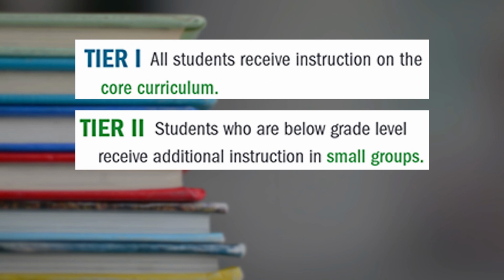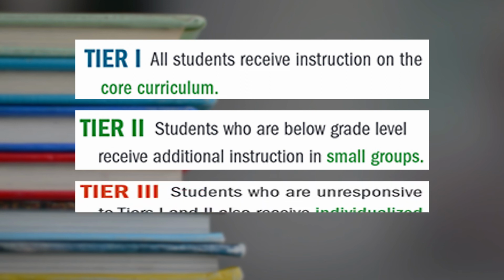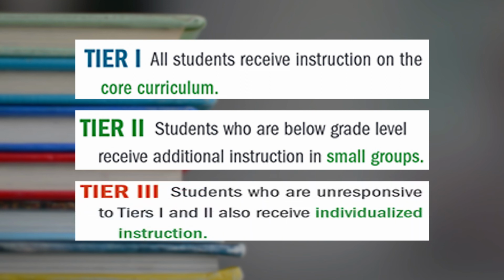So you may pull out in a small group form, and provide some enrichment programs or remediation program. Tier 3 is for students who are unresponsive to Tier 1 and Tier 2. They receive individualized instruction. So Tier 3 could be required for very, very few students.